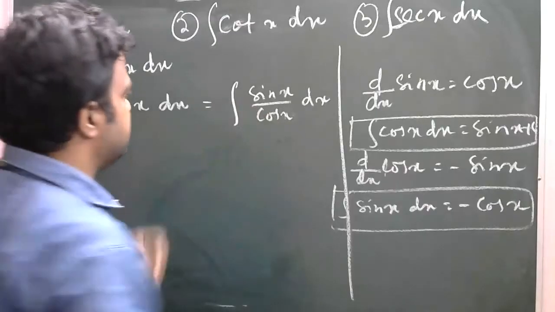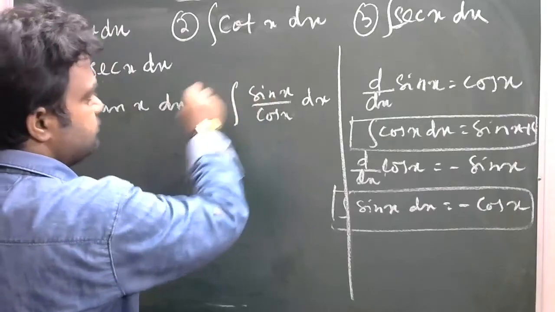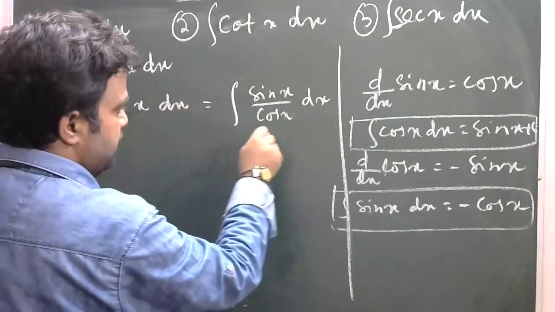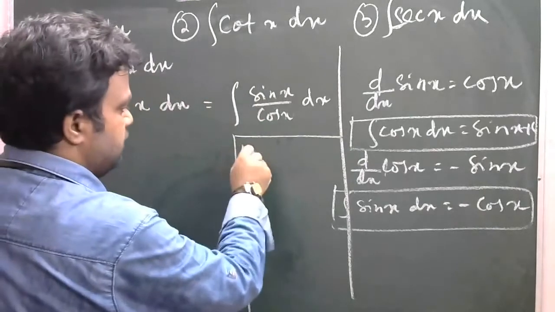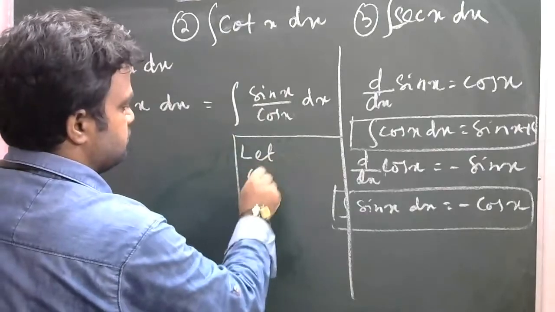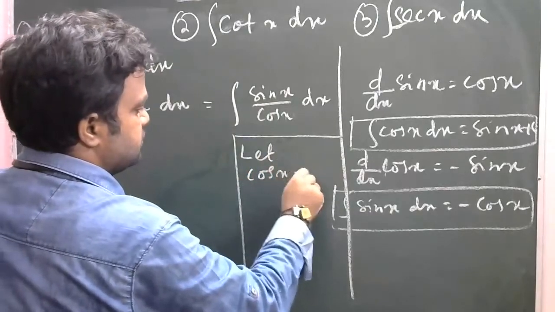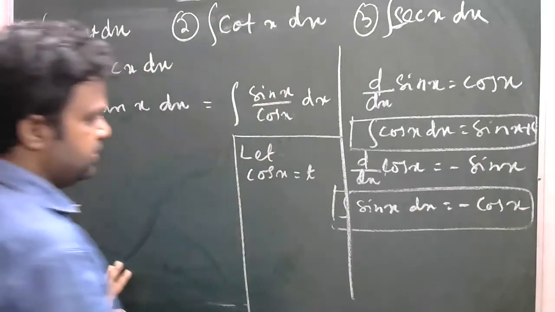It will be easier for me to solve. So you can let cos x is equal to t.